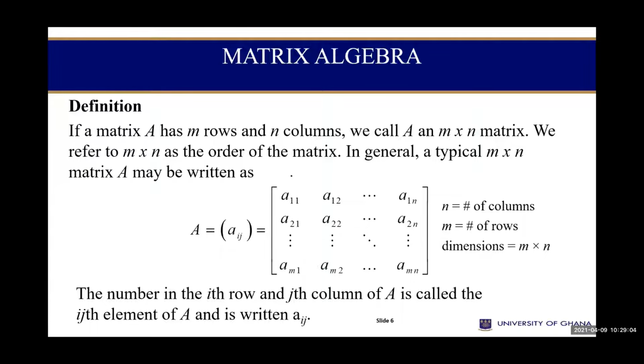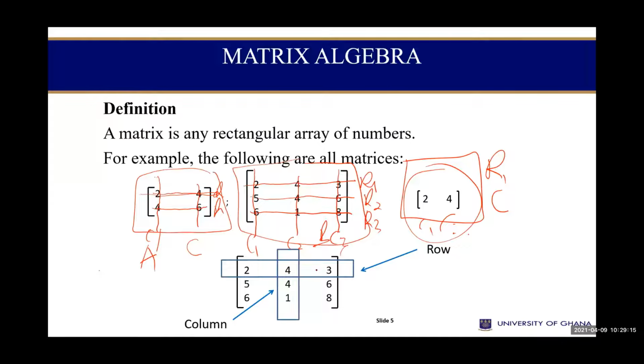So for example, if I have this matrix, all the numbers that you see in this matrix are called elements. So as we have here, 2, 4, 4, 6, they are elements. Each element belongs to a row and a column.